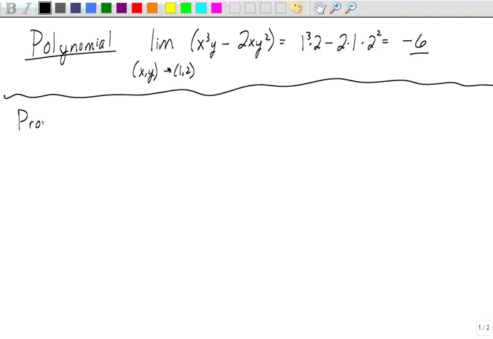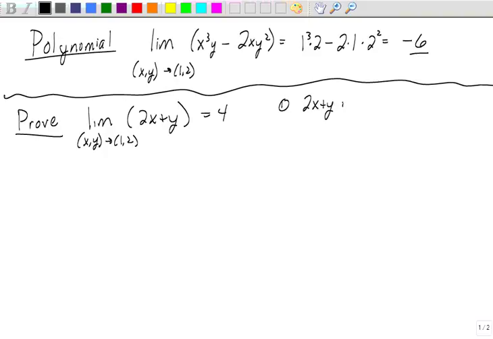Now let's do an epsilon-delta proof. We want to prove that the limit of 2x plus y equals 4 as (x, y) approaches the point (1, 2). Okay, so two things. Number one, the function is defined, because it's a polynomial, in the circle around the point (1, 2).